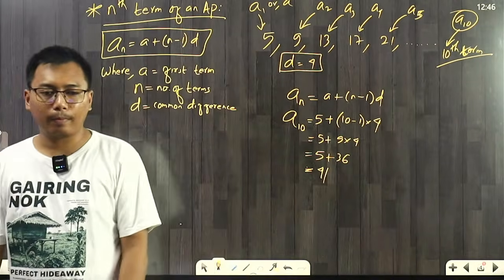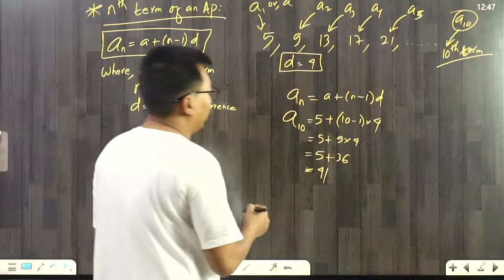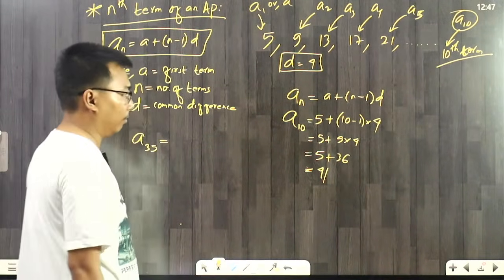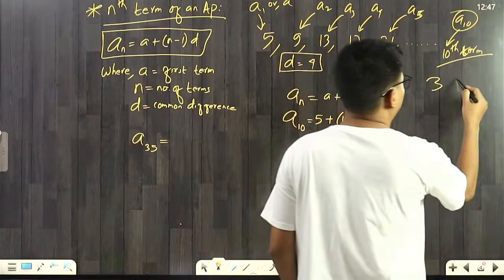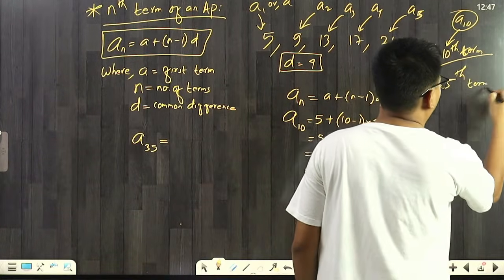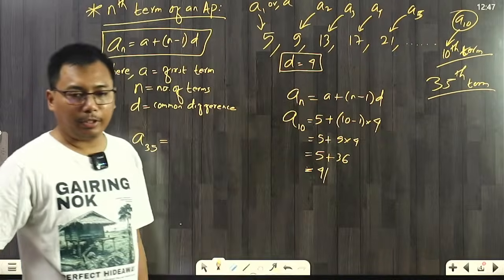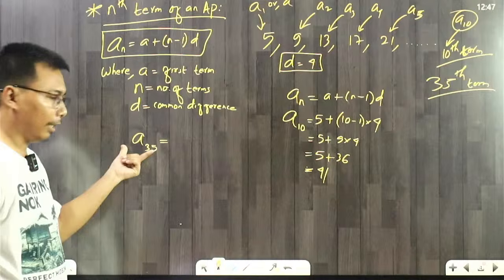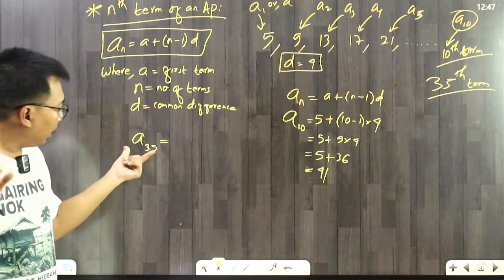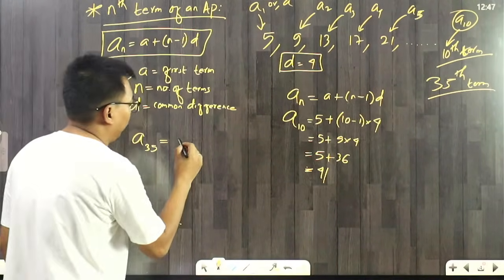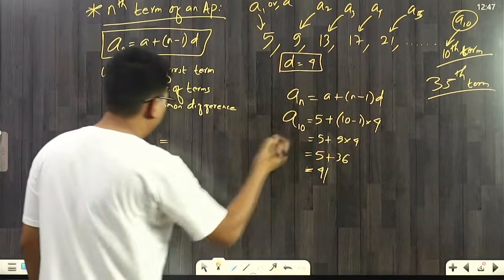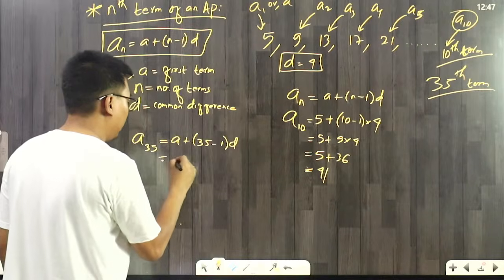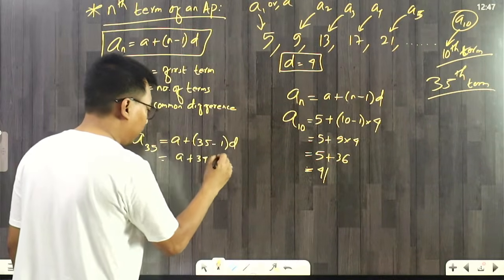Similarly, if I ask you to find the 35th term here, how do you do that? 35th term means A35. So A35 equals a plus (n minus 1) d. Here n is 35, so 35 minus 1, which is a plus 34d.